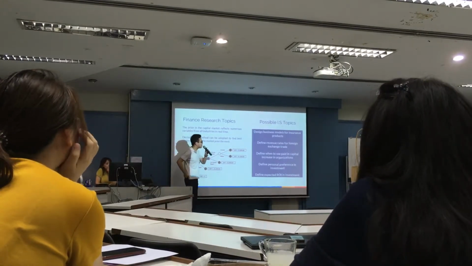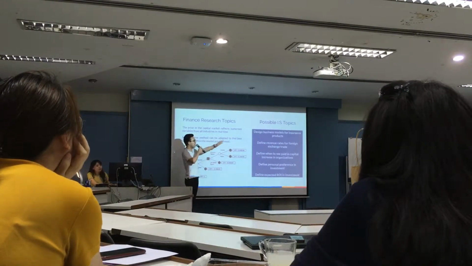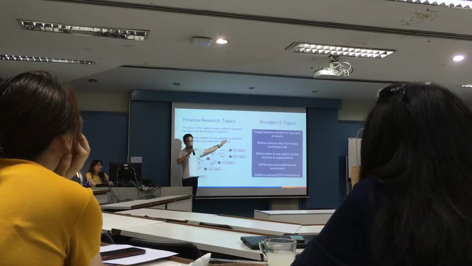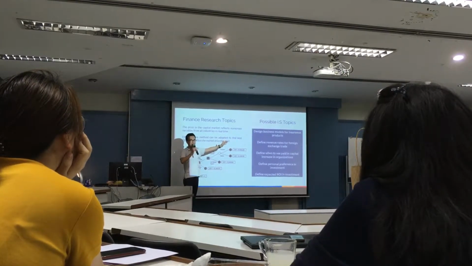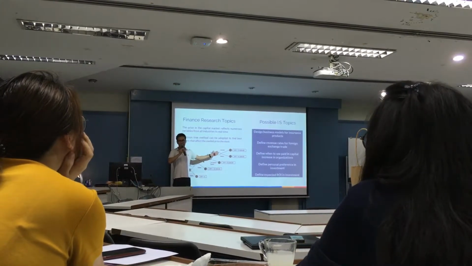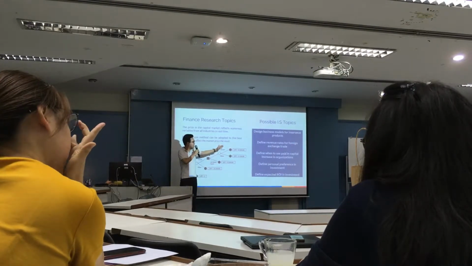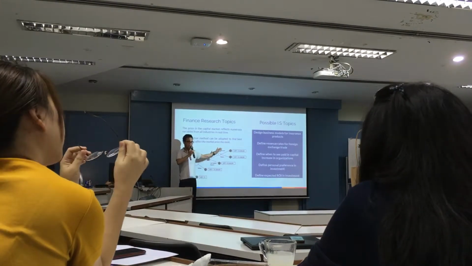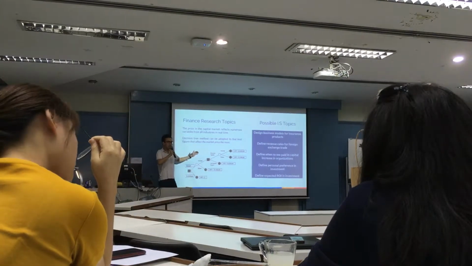Design business models for insurance products. This is very complicated. Designing insurance products is actually a professional job which needs high knowledge of mathematics and statistics. The next one is define revenue rate for foreign exchange rate. Foreign exchange rates are also affected by so many variables.